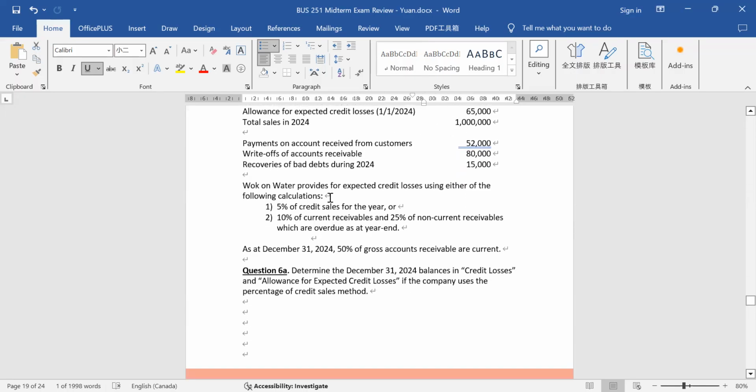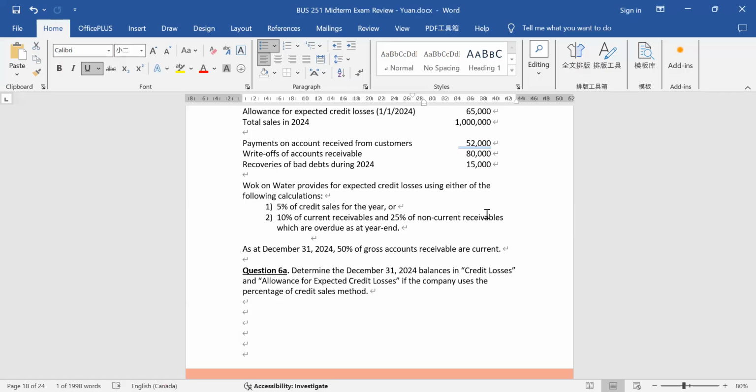Right. So the first one, Work on Water provides for expected credit loss using either of the following calculations. The first one, 5% of credit sales for the year, or the next one, 10% for current receivables and 25% of non-current receivables, which are overdue as at year end.